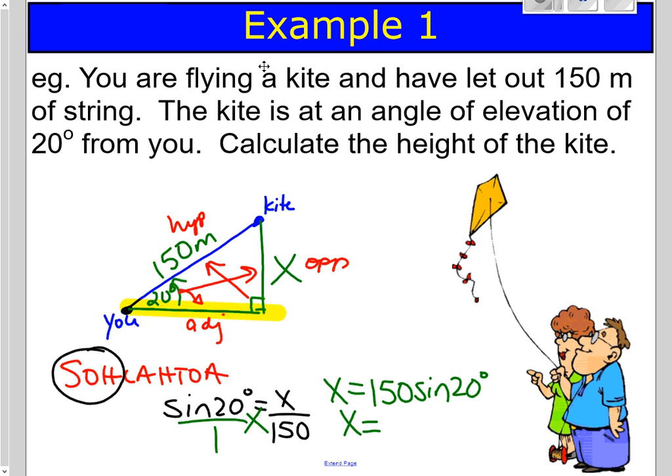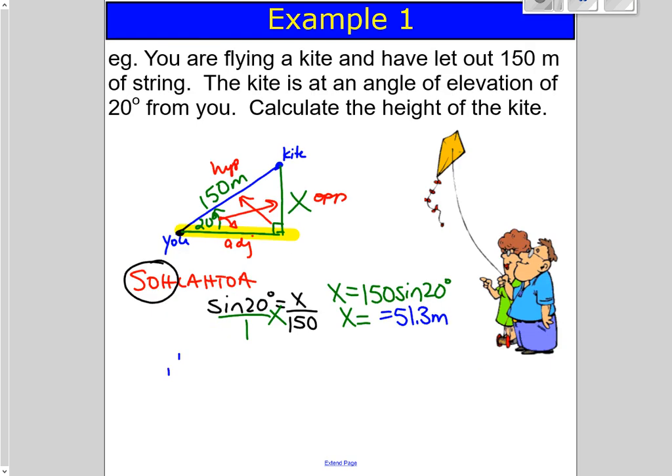All right, now I'm getting out my calculator, once again making sure my calculator is in degree mode. And I'm going to go 150 sine 20, hit equals, and I get 51.3 meters high. Okay, so now we use our therefore statement.